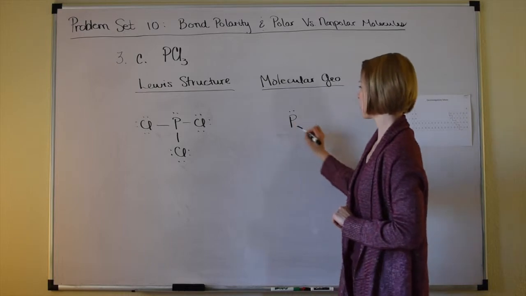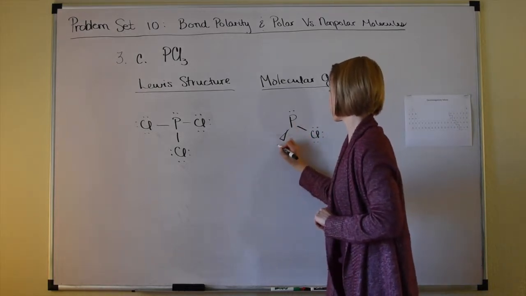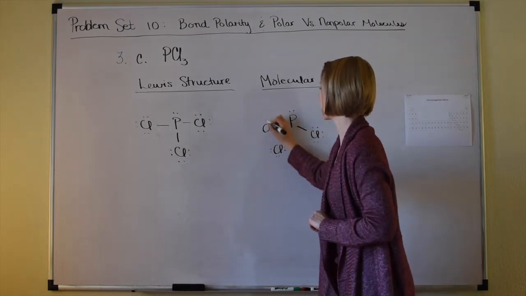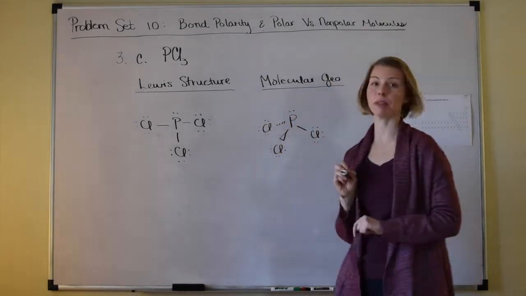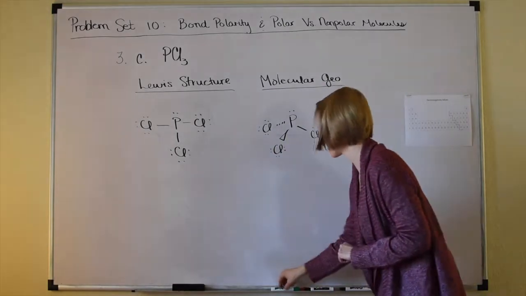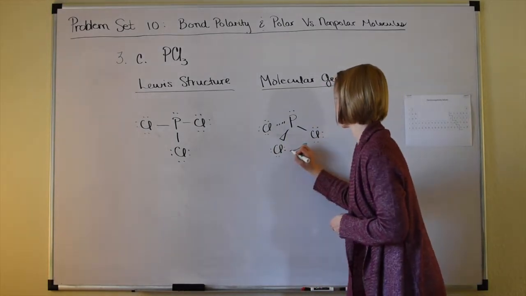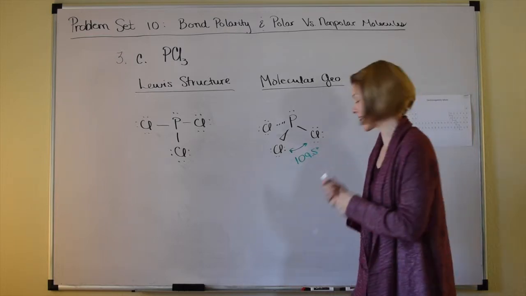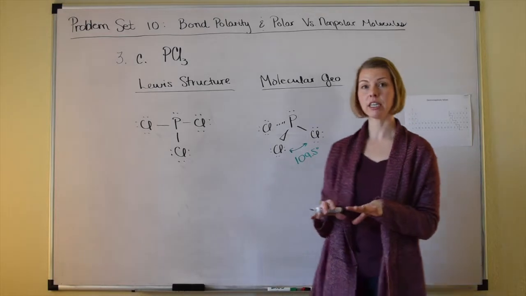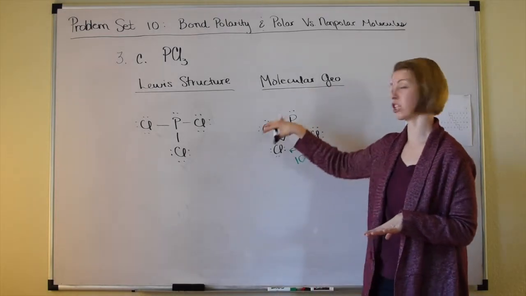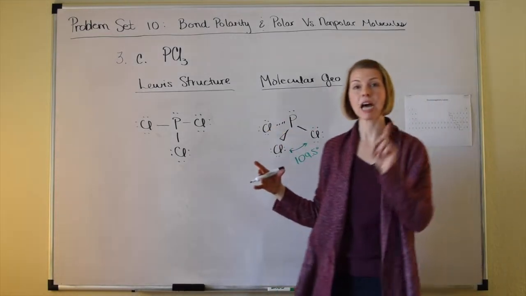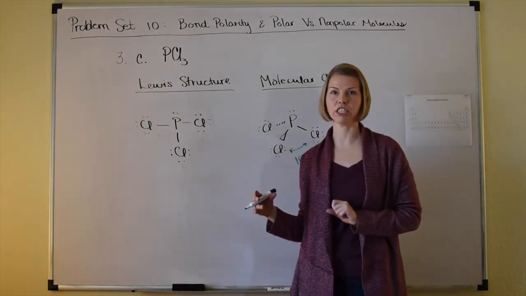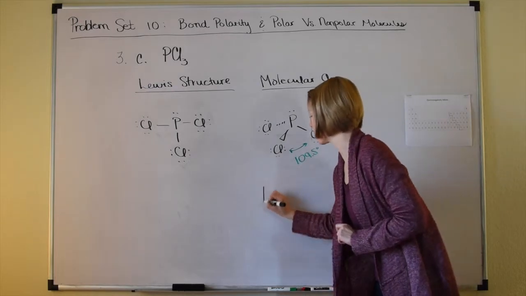That means if these are all in the plane of the whiteboard, this chlorine would be coming out, and this chlorine would be going into the plane of the whiteboard, and all of these angles are going to be 109.5 degrees. So our electron pair geometry, which accounts for 4 charge clouds, is tetrahedral, but because you've got a lone pair on the central atom, your molecular geometry is not going to be tetrahedral. It is going to be pyramidal.